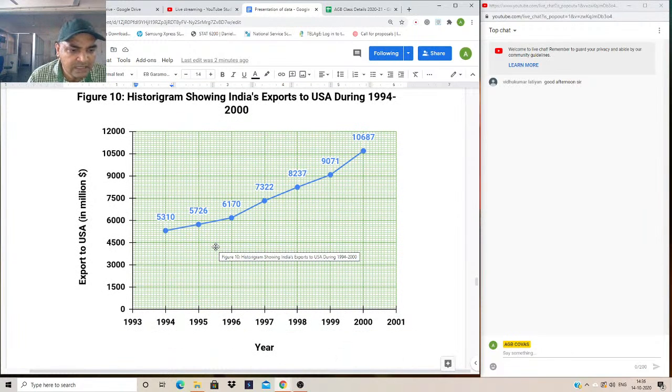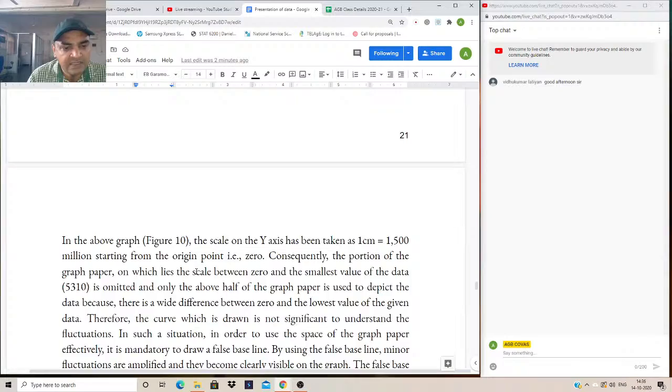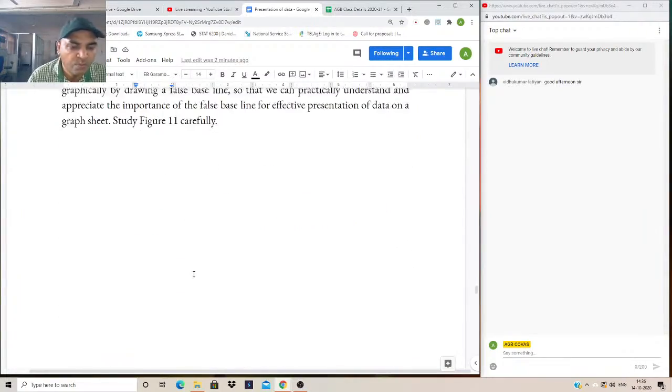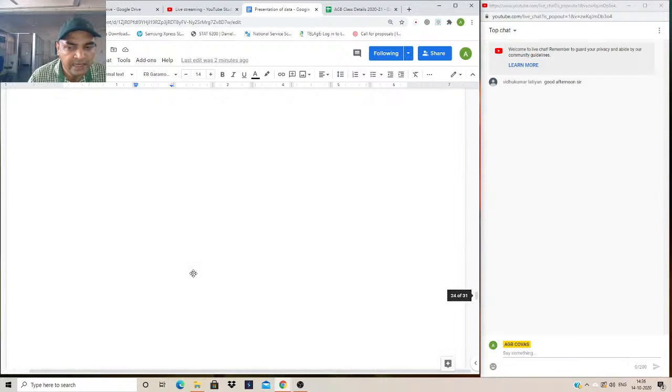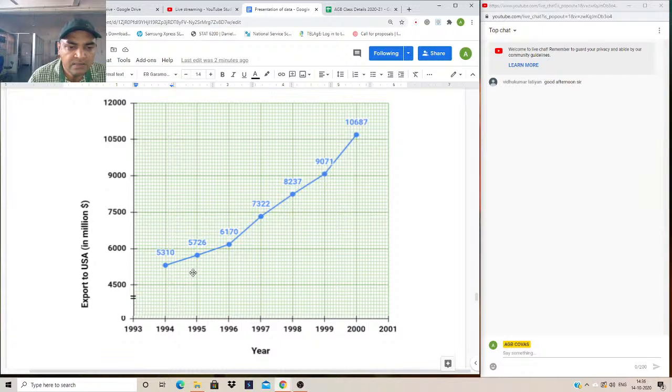But here, what you can see is that there is a large gap from 0 up to 4500. There is nothing there. This is what I was telling you, that with a false baseline you can also make a graph. So this is how to make a false baseline graph, and this is the example. Nothing has changed.